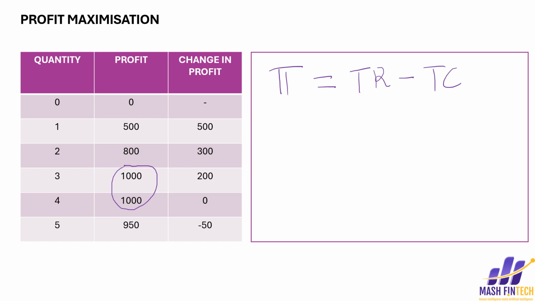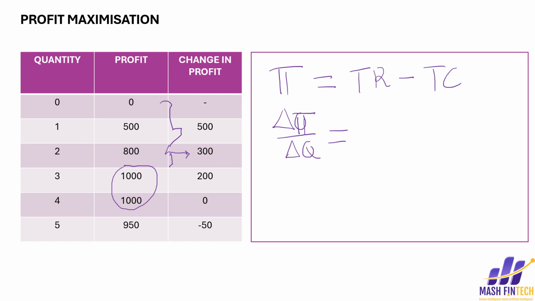All right. So for every change in the profit with respect to the output that you're selling, this is the change in profit. From 0 to 500, the change is 500. From 500 to 800, the change is 300.